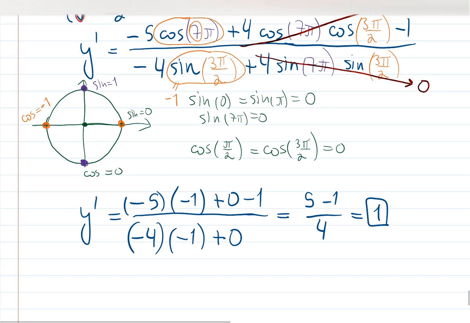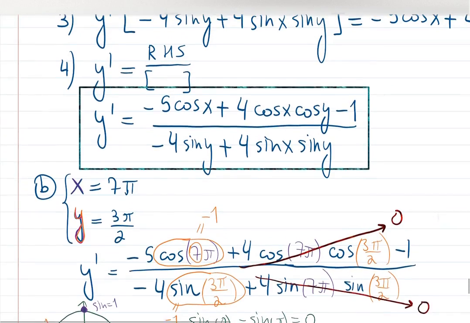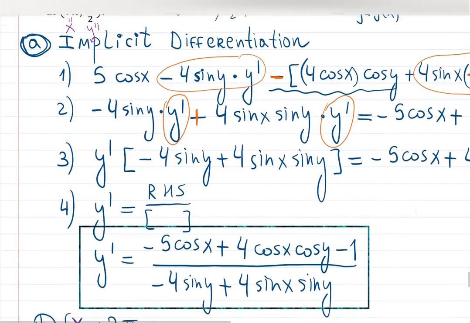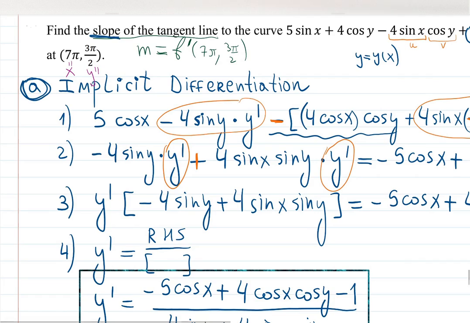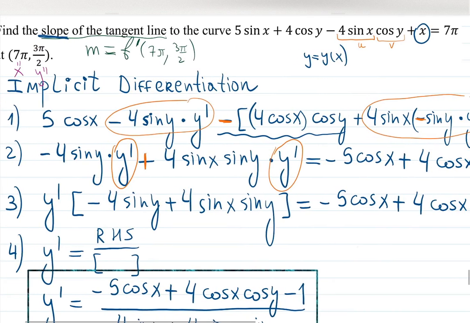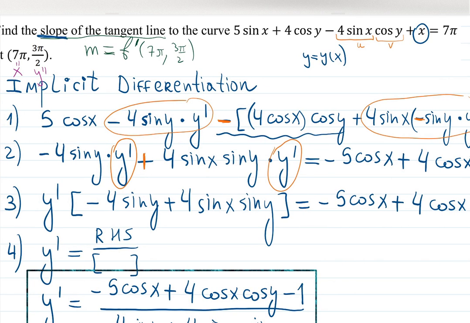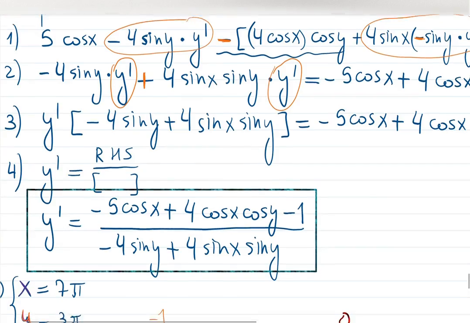The slope of the tangent line to this complicated function here, which was not even shown explicitly, at 7 pi, 3 pi over 2 is just 1. That's a very nice simple answer.